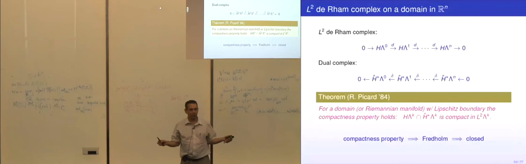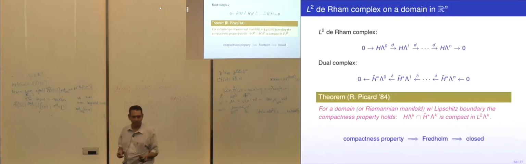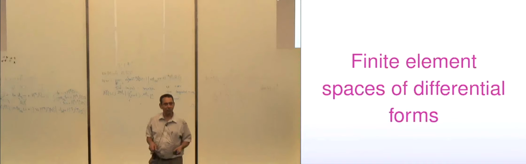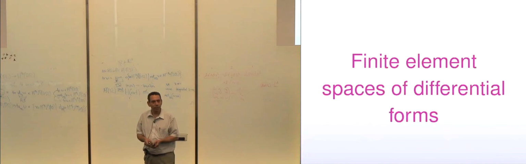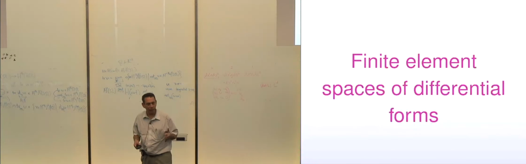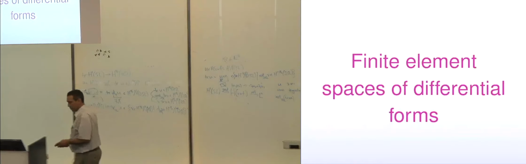And the closed Hilbert complex is what we now know everything about. And so tomorrow, we'll start building the differential, the finite element forms that'll give us subspaces with bounded cochain projections. Thank you.